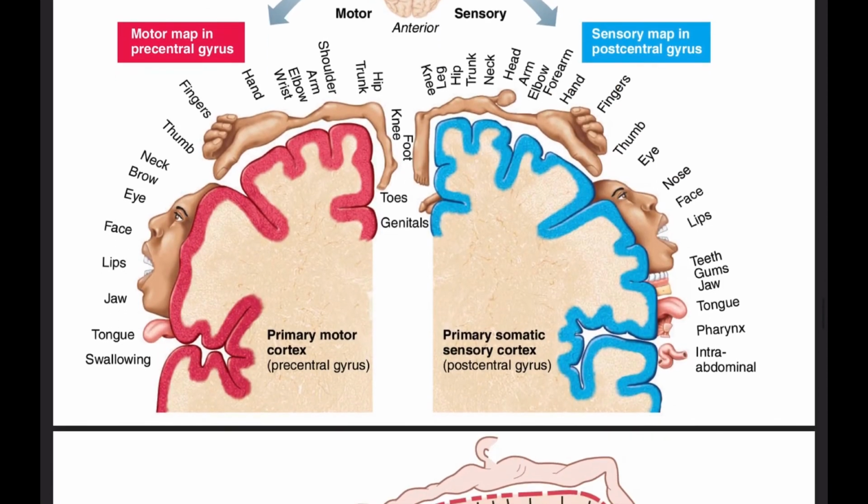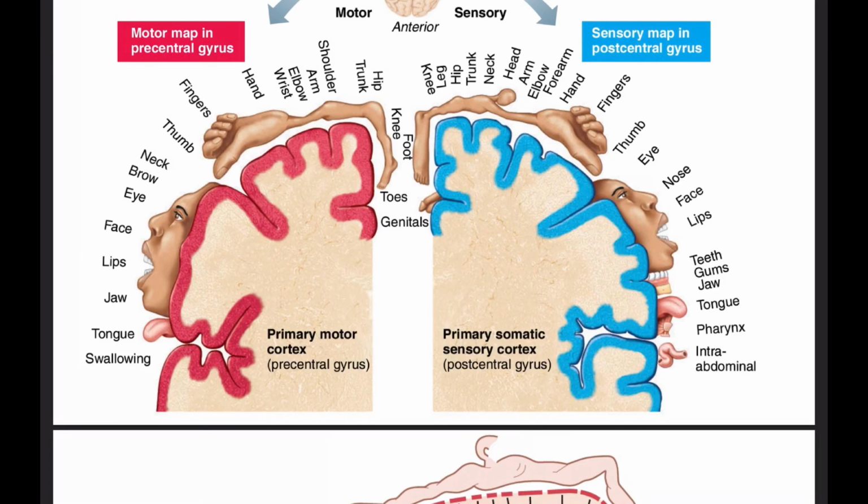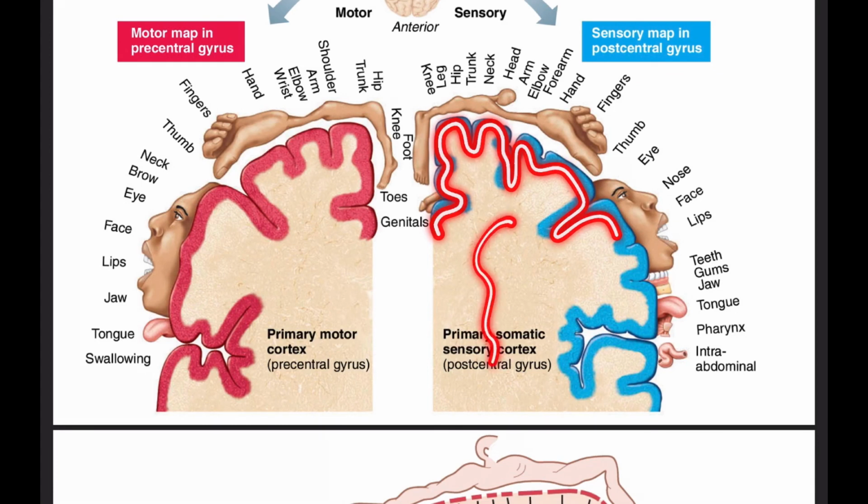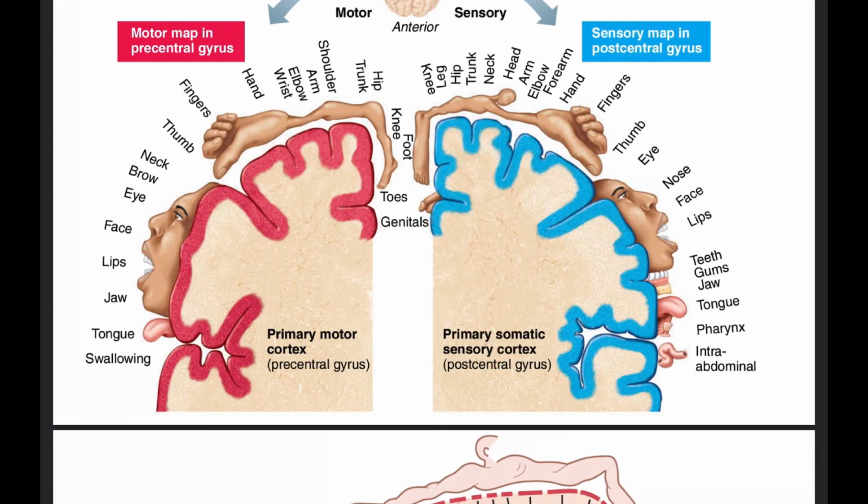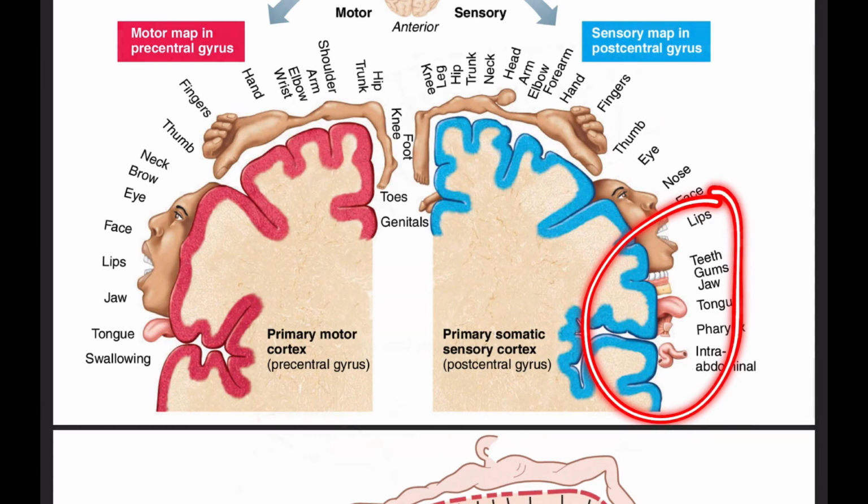Here you see the cerebral cortex, you have the gray matter and here you have the white matter, and see the arrangements. The sensory nerve fibers from the lower part of the body are on the medial side, and from the upper part of the body are on the lateral side.